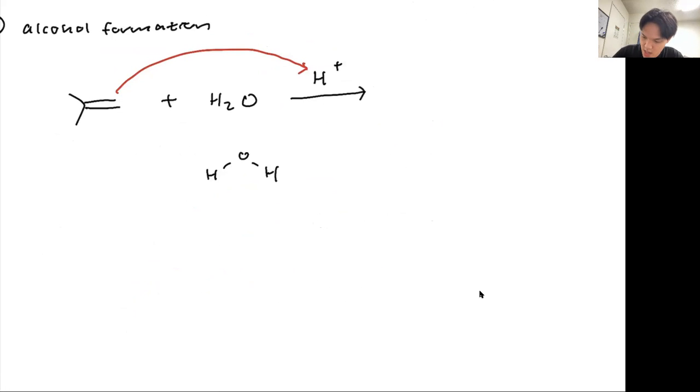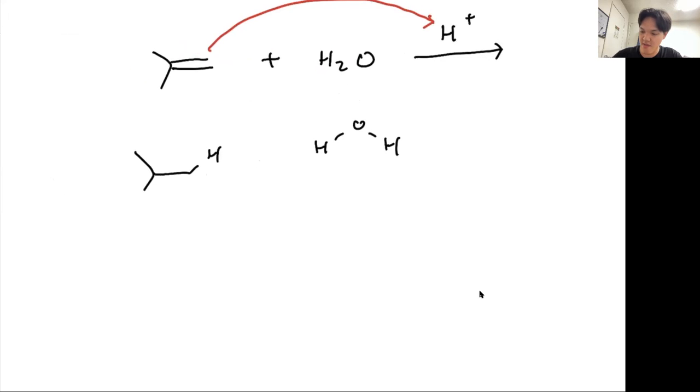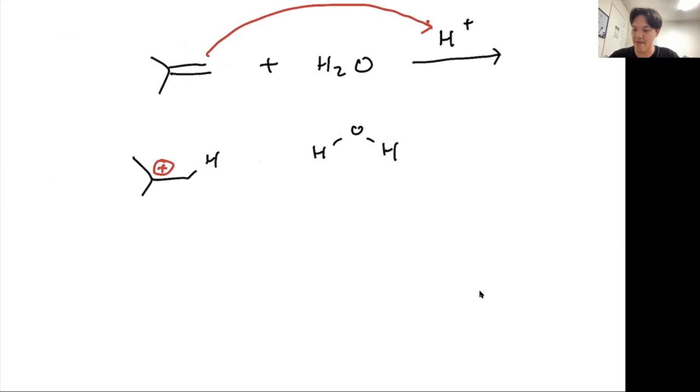So let's draw that here: H, and then we have this positive over here. And then look at what we have in solution. We have our water in solution, and we have a carbocation. This looks very familiar to an SN1 reaction, so it's going to attach here.